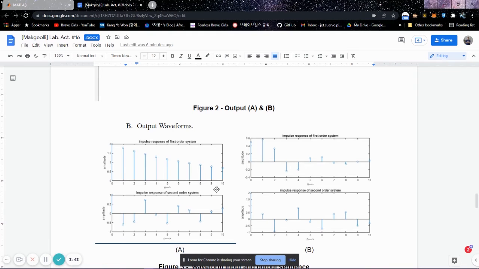On set A, the graph for the first order system shows downward data points, starting from 2 amplitude and going down up to 10 n, or the length is 10. And for the second order system from set A, it shows almost inverted outputs where there are negative amplitudes and also positive amplitudes.